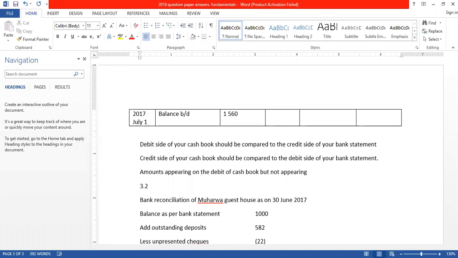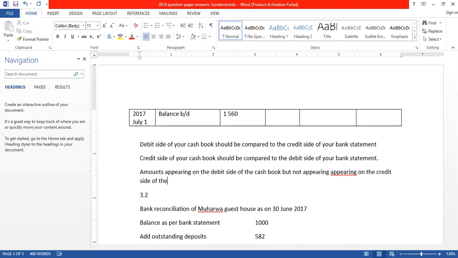Amounts appearing on the debit side of the cash book, but not appearing on the credit side of the bank statement, these are outstanding deposits.